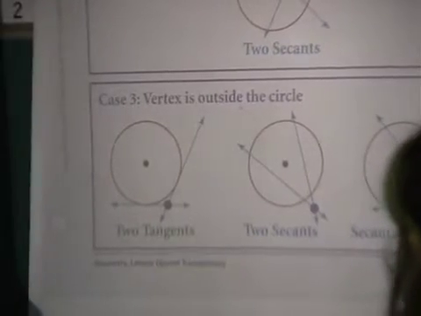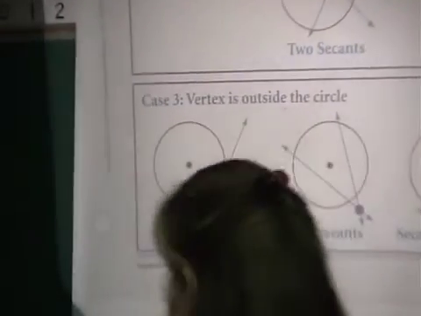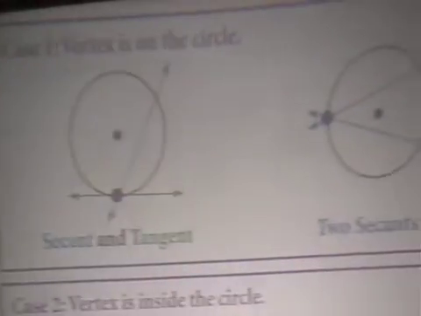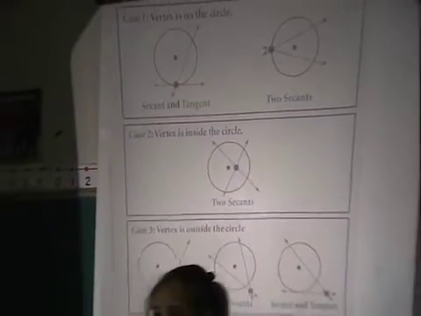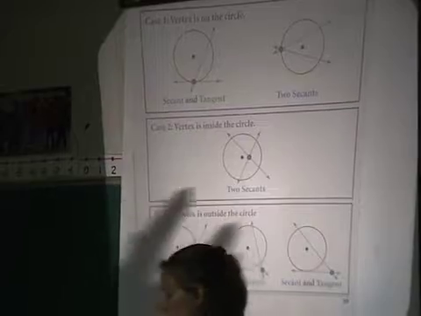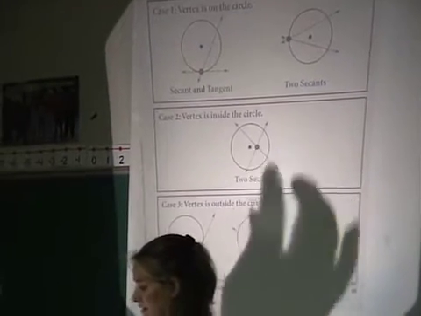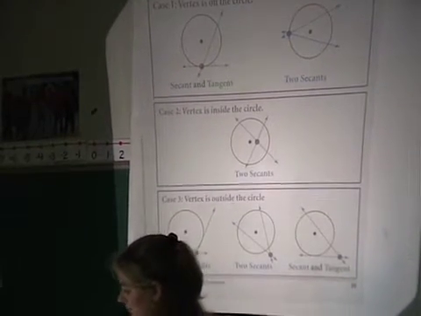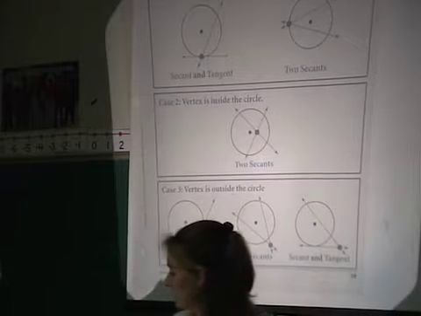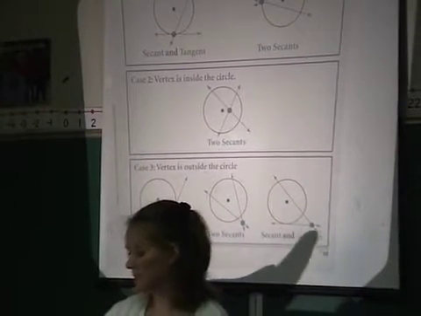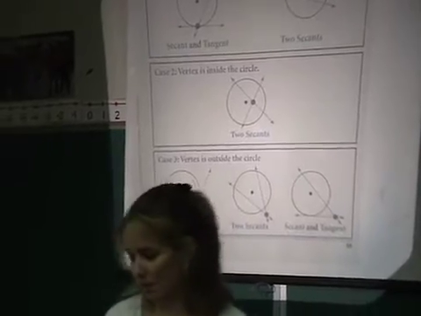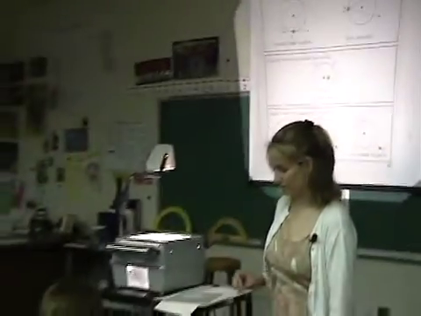If the vertex is actually on the circle, you have secant and tangent right here, or two secants here. The second group is where the vertex is inside the circle, but it's not on the center usually. Last group, vertex is outside the circle. You have two tangents, two secants over here, or a secant and a tangent. Okay, that's all going to help you determine how to find the measure.